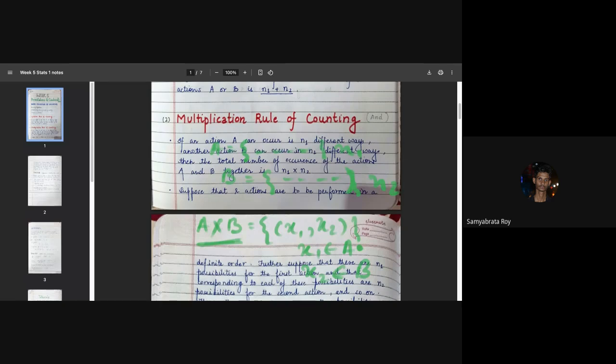So if we find the cardinality of the cross product, and if you are aware of set theory, you'll easily get what cardinality and an ordered pair are, that will give me nothing but the number of possible ways in which A and B both can occur simultaneously, right?